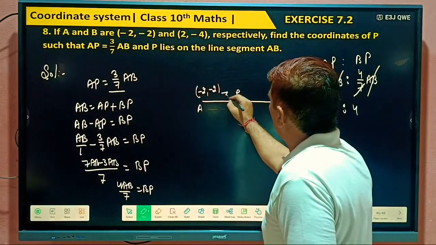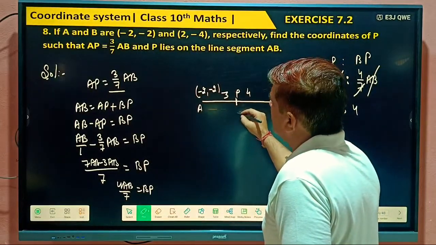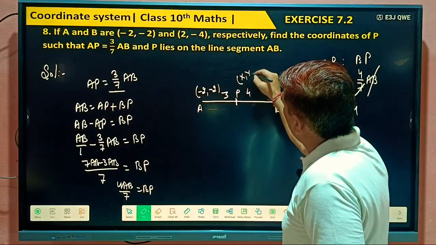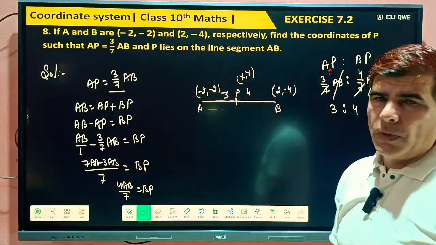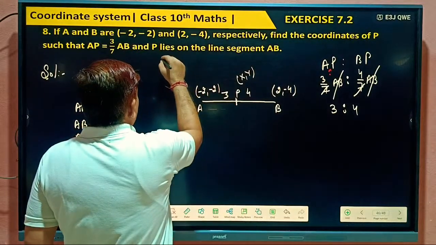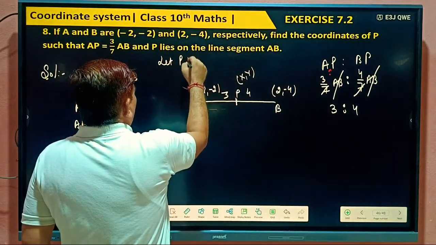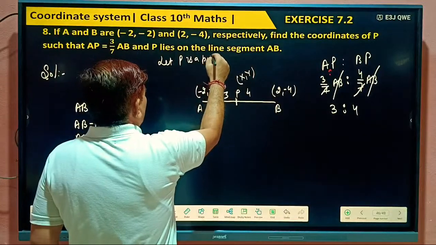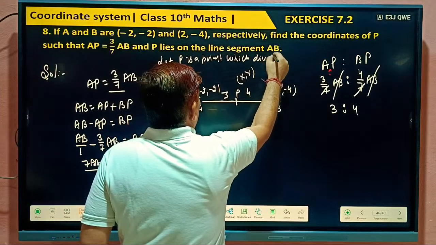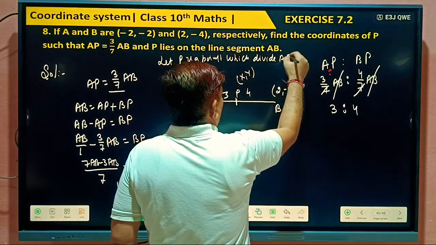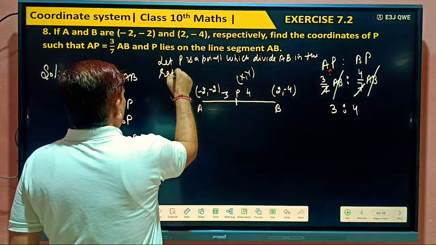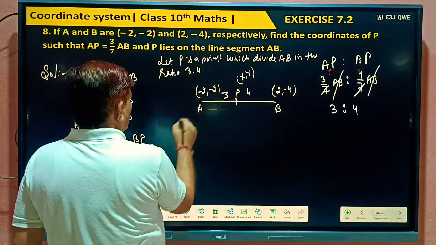So this line divides in which ratio? We are saying its coordinates are x and y. After this, I think you are easily able to solve. So we can say, let P be a point which divides AB in the ratio 3 to 4.